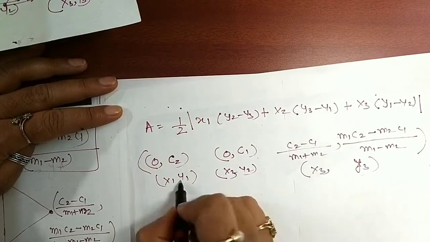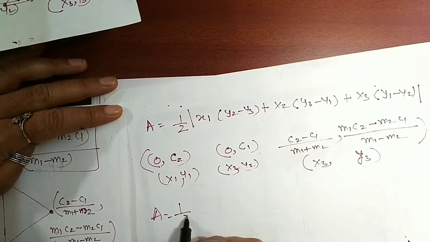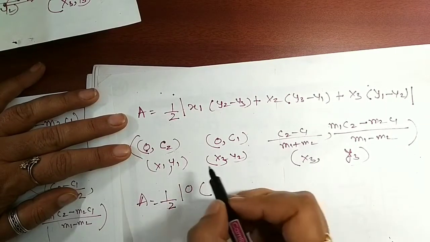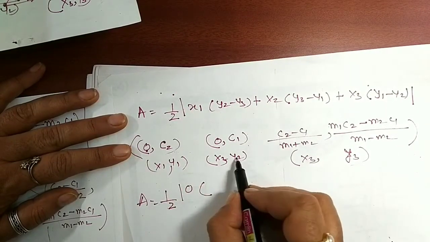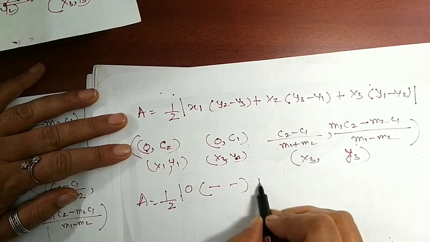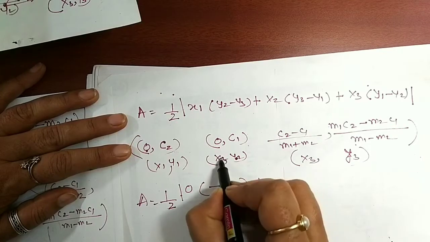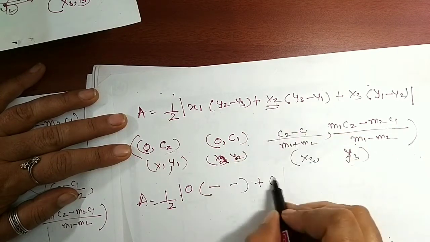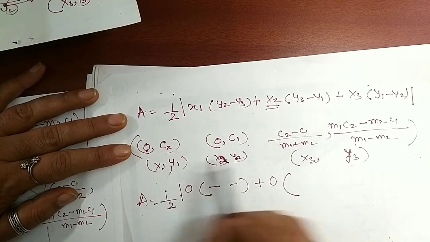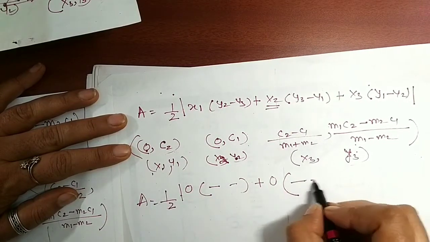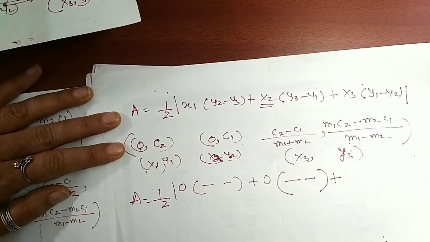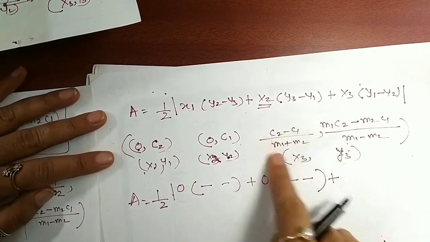These are the points. So my area will be 1 by 2 mod of x1, which is 0. Now 0, I will take y2 minus y3. No matter what I take, it will be 0 only. Plus x2. x2 is 0. And now I have to take y3 minus y1. No need to write because whatever I take, it will become 0 only. Then plus x3. So this is my x3.